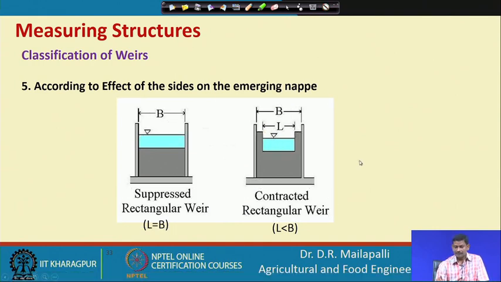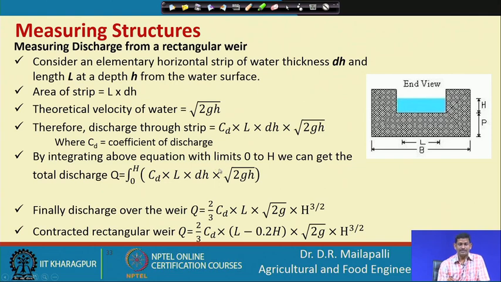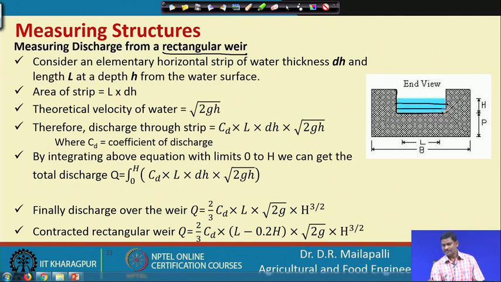Then the next is how to measure the discharge in these structures. For example, you have a rectangular wear. How do we estimate the discharge mathematically here? It is very simple. If you see here, this is a rectangular wear. Consider a small piece of the flow, let us say dH.